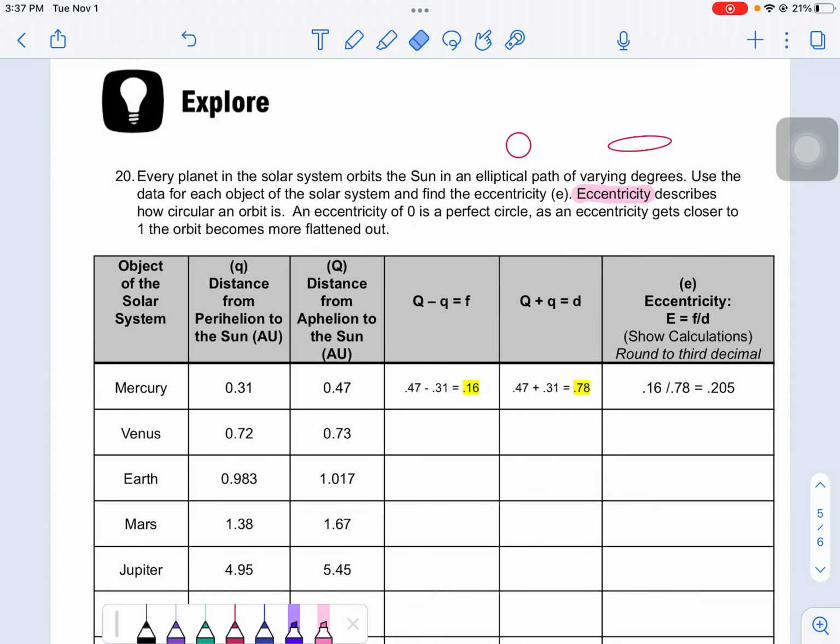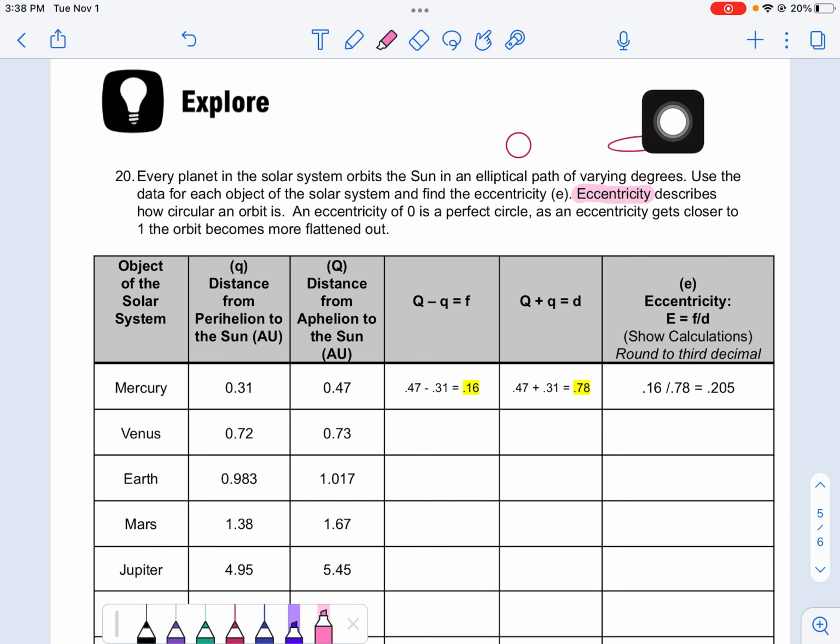For the last section of our Big E Explore, we're thinking about calculating several eccentricities of objects that are within our solar system. So we know that every planet in the solar system has an orbit around the sun, and it's typically an elliptical path of varied degrees.